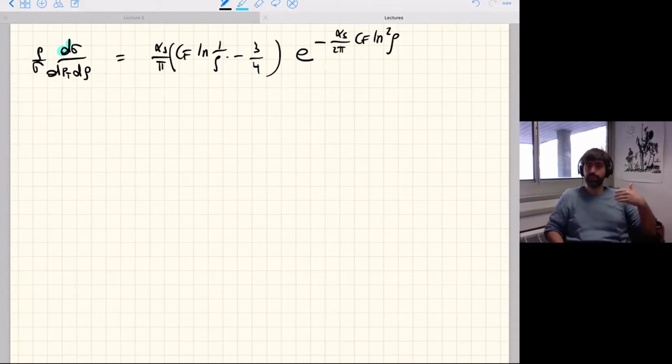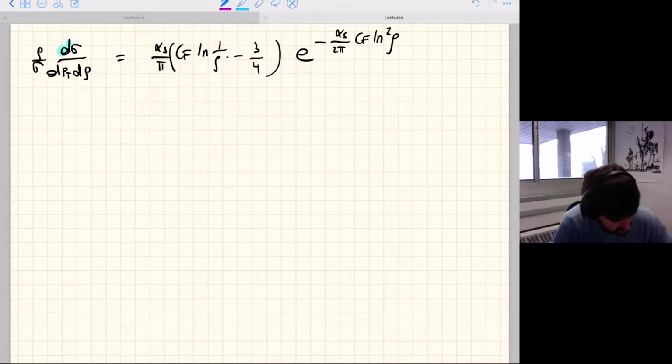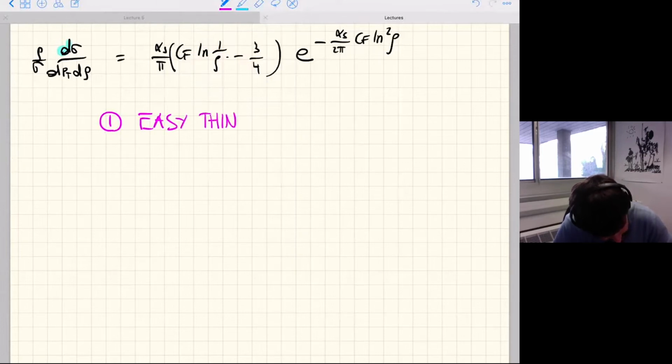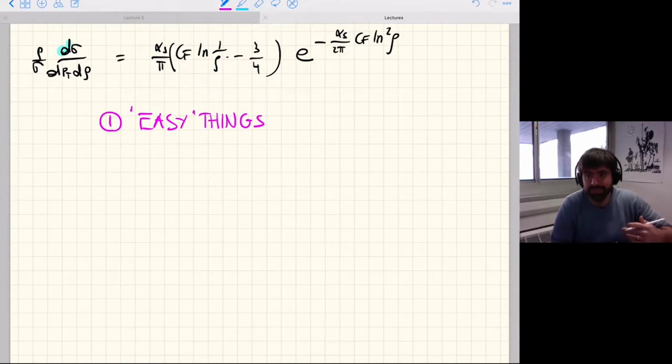Can we take this and promote it to the same level of accuracy as the calculation that we did for the Z boson, the pT of the Z boson? Yes, there are some steps you need to address. First of all, there are easy things that you need to account for. And I say easy not because they are actually easy, but because they are the same type of effects that we studied for Z pT.